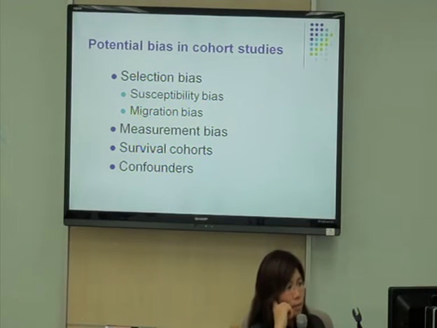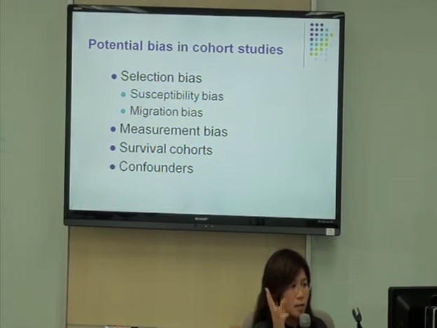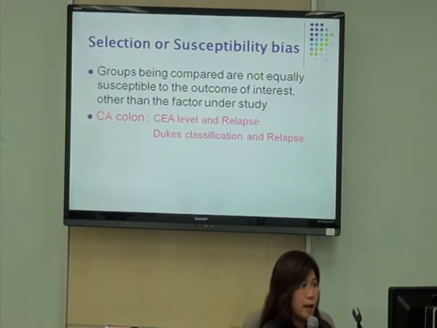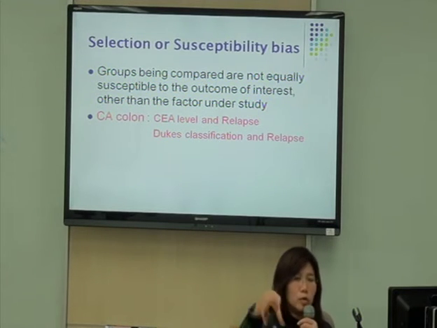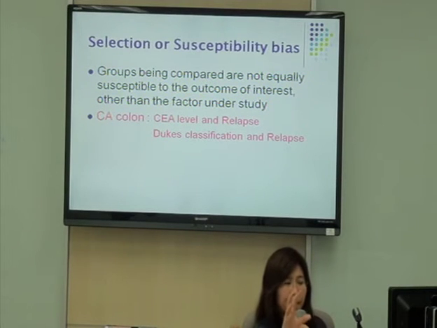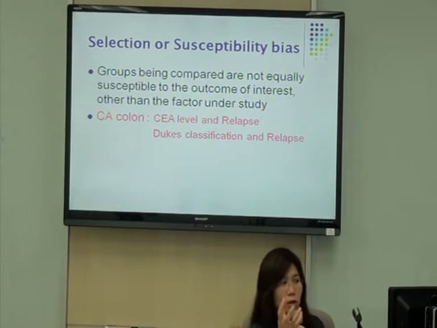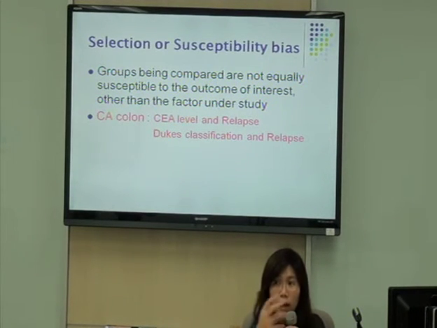Okay. Potential biases in a cohort study are selection bias, measurement bias, survival cohort bias, and confounders. Selection bias, or susceptibility bias, means that in the whole cohort, your group might contain some subgroups that are not equal in susceptibility to the disease you are interested in.